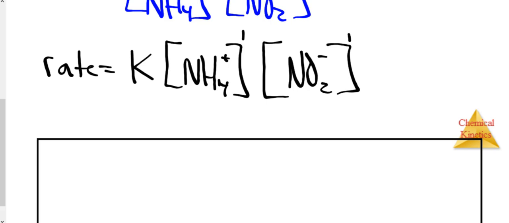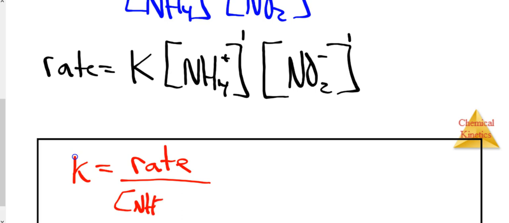You'll do it a lot in your homework. It's not bad. We will rearrange and say that K is equal to rate over NH4 plus to the first, which calculator-wise doesn't really matter, times NO2 minus to the first, and that will be what our K is equal to, right?